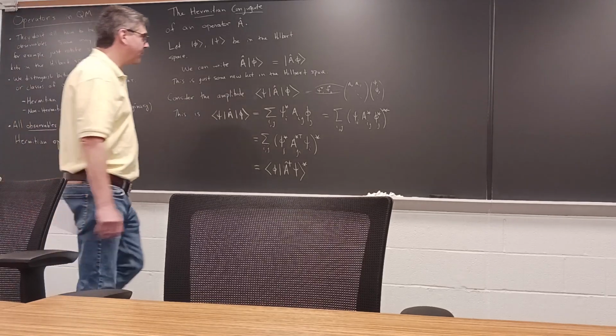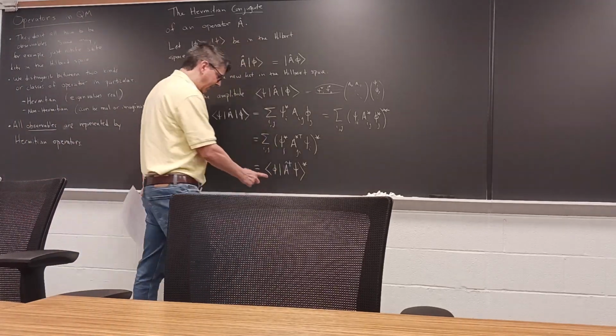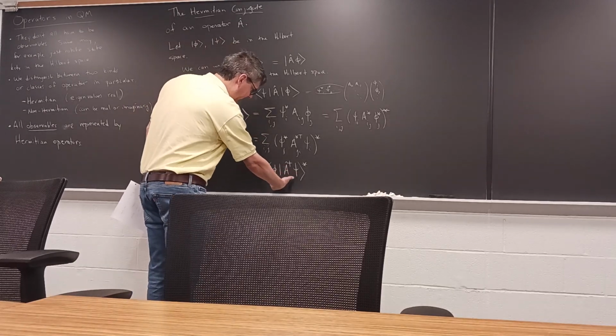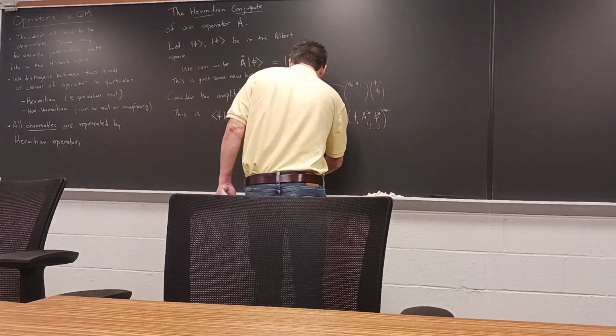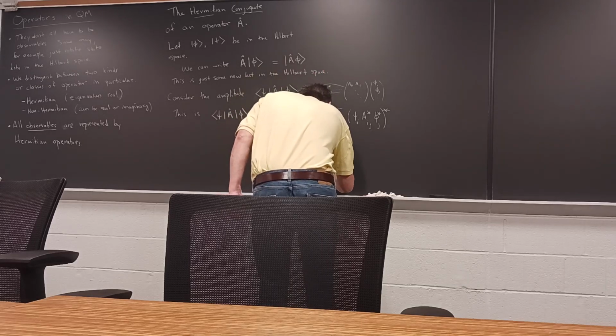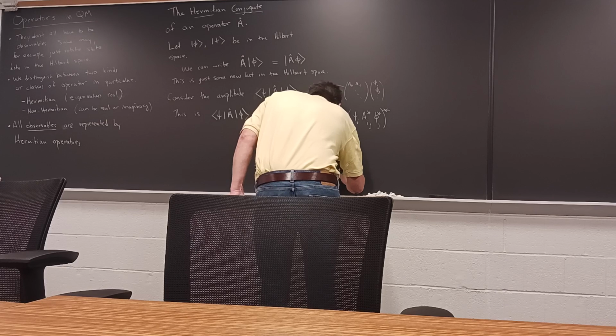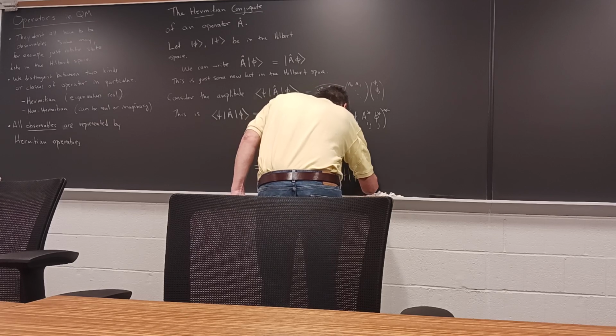Okay, and now remember that if I take a ket, I take an amplitude and I want to flip it around, I conjugate it. So this is just equal to A hat dagger psi acting on phi.